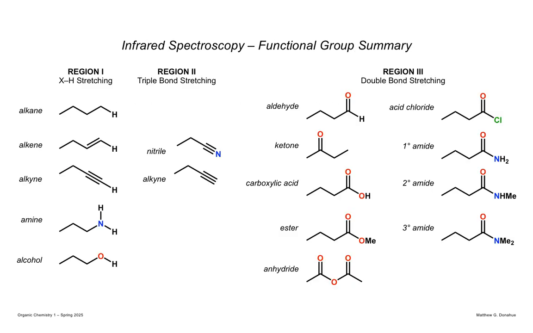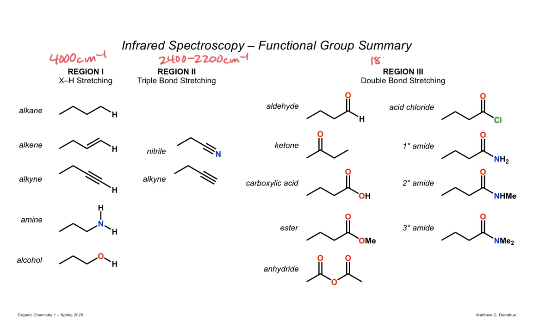So here are those regions defined structurally. And again, imagine we're reading this. On the left, we said there was 4,000 wave numbers. And then as we move right, region 2 is about 2,400 to 2,200.